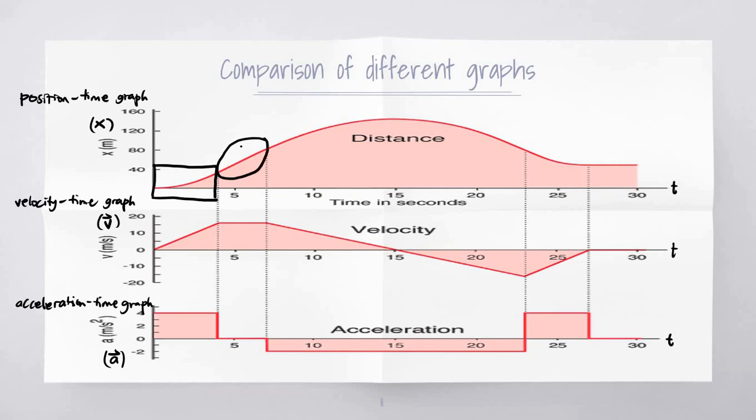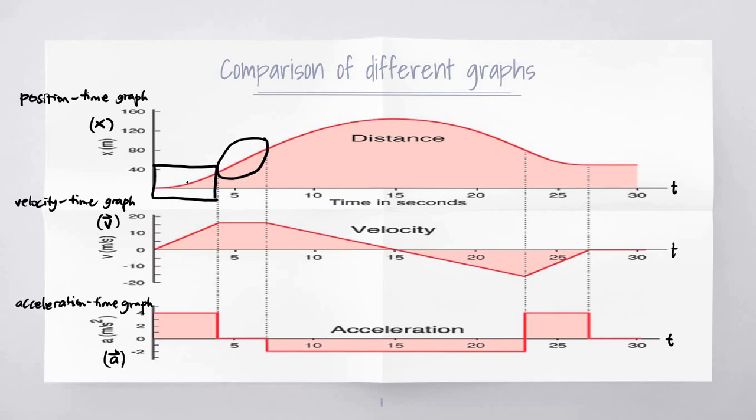The first one, the one that's in a box. If you try to look at it, the changes happening in the y-axis, or in the position x, as time progresses are very drastic.